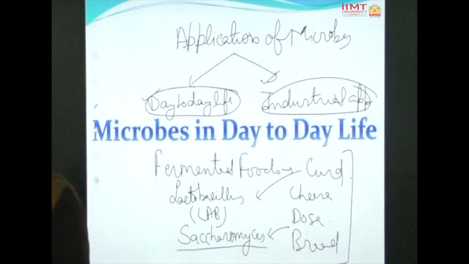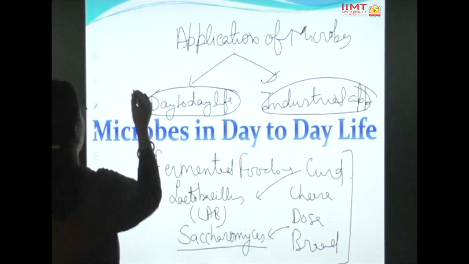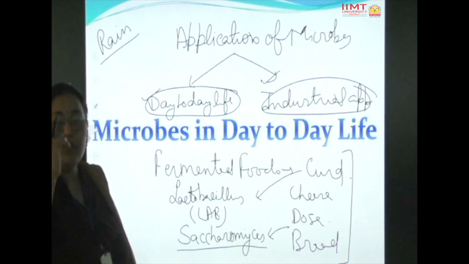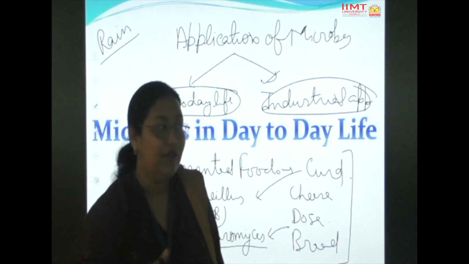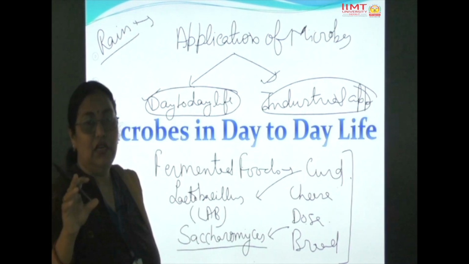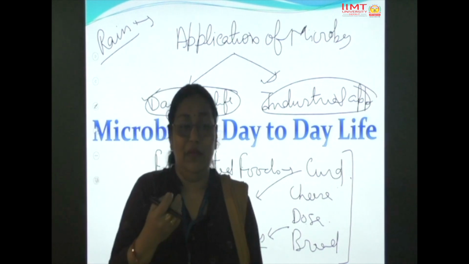Other than these, there are certain other examples, like when it rains. We all feel a very sweet fragrance in the environment. When it rains, there is a sweet fragrance in the environment, what we call mitti ki khushbu, right?